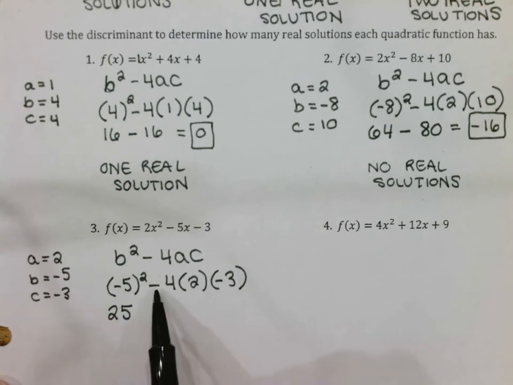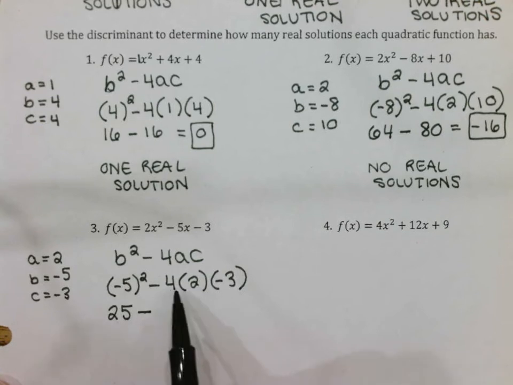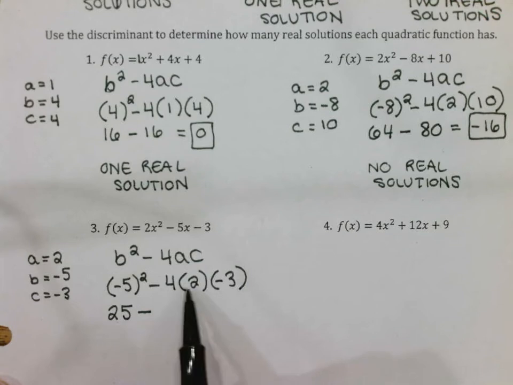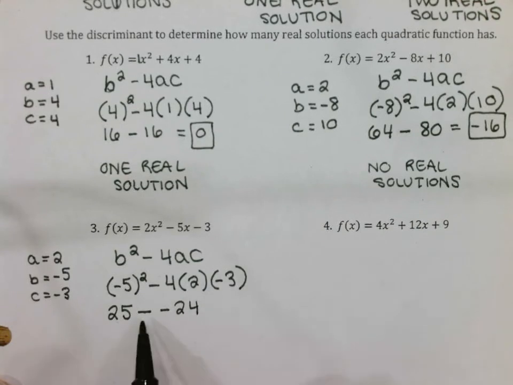And so I'll bring down my minus sign. Now I have 4 times 2 times negative 3. 4 times 2 is 8. 8 times negative 3 is negative 24. Well, what happens if I'm subtracting a negative? That's the same thing as adding.